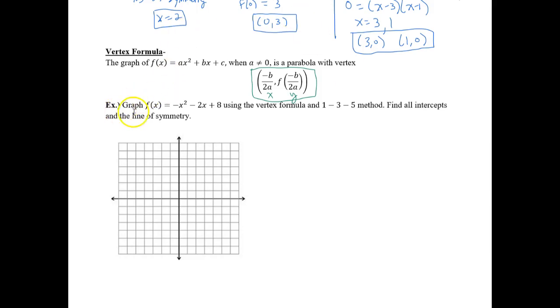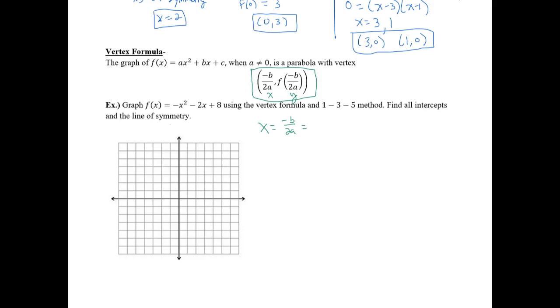Alright, so it says graph f of x equals negative x squared minus 2x plus 8. So instead of completing the square, I'm going to use that vertex formula. I'm going to find the x value of the vertex by doing negative b over 2a.